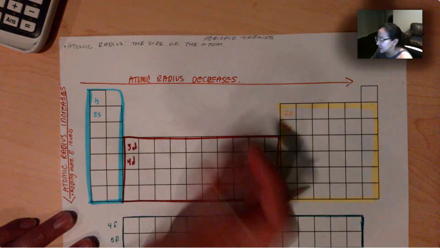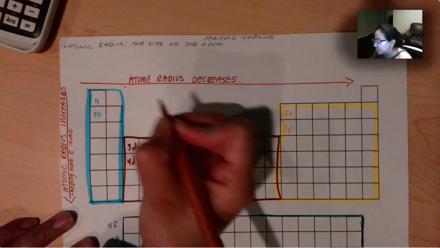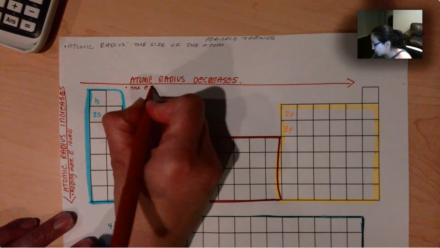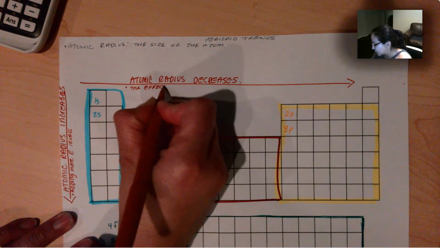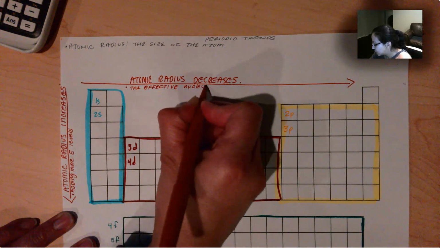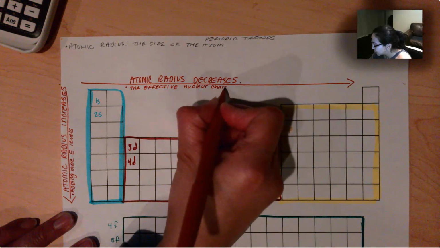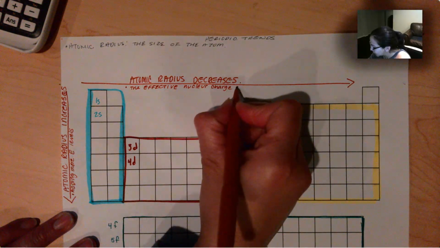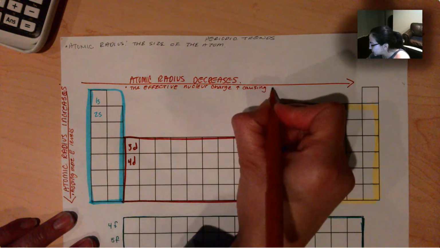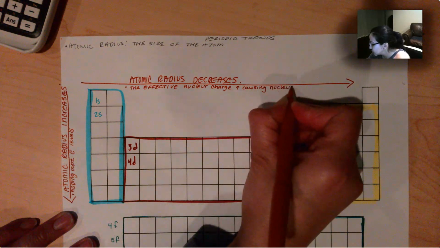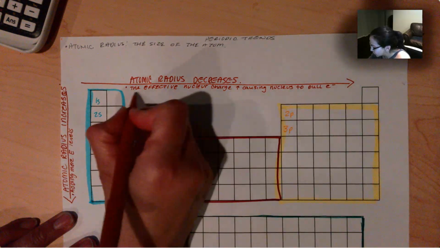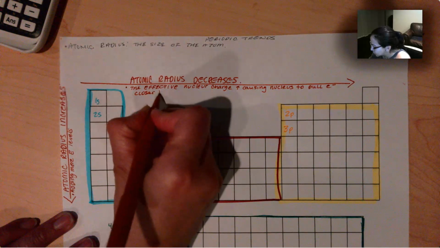So the atomic radius decreases because the effective nuclear charge increases. This is basically causing the nucleus to pull electrons closer to it.